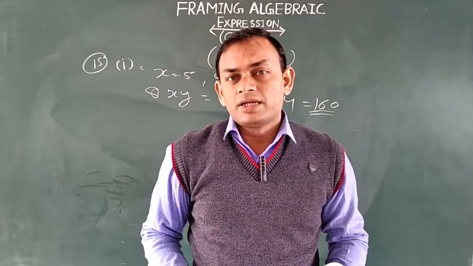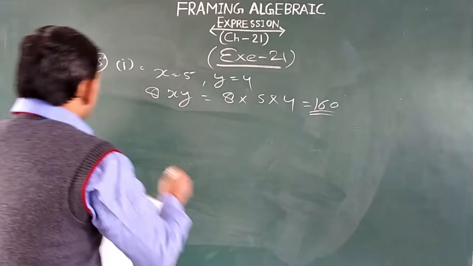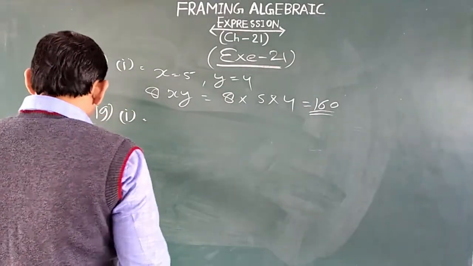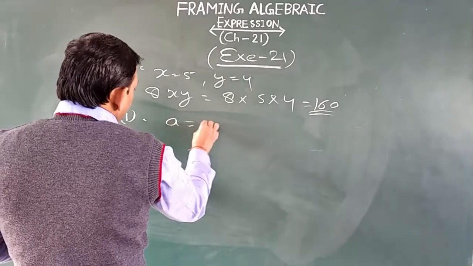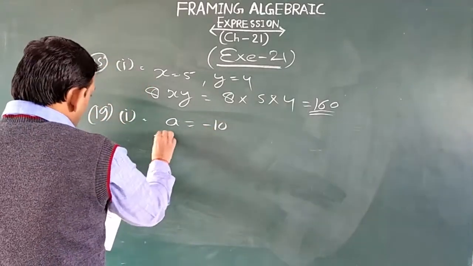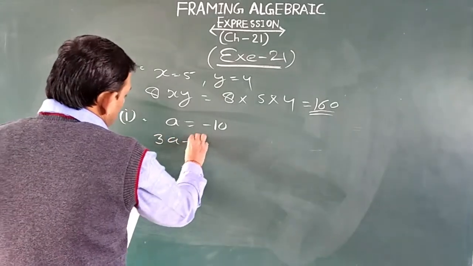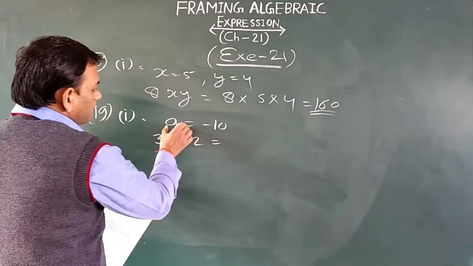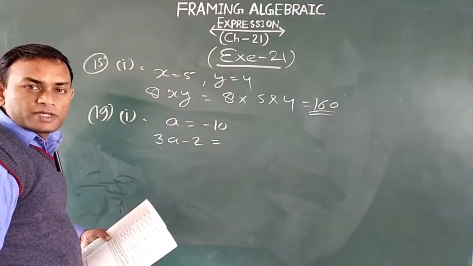Now question number 19 I am just going to tell you, the first part of this question. First of all, it is saying a is equal to minus 10. The value of a is given, that is minus 10. So you have to find 3a minus 2. So how do you find the value of 3a minus 2? You will just put the value of a in this algebraic expression.